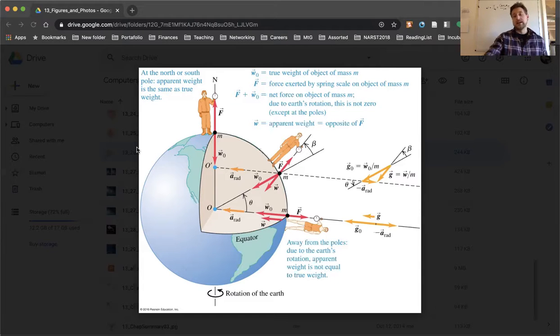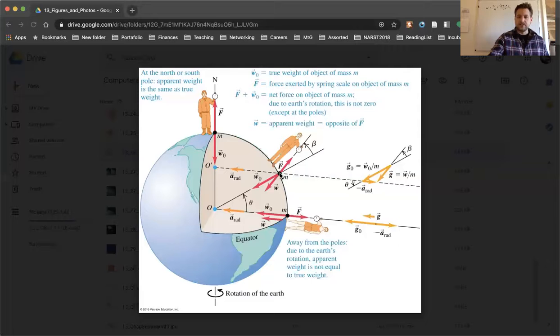But for an object hung from a scale at any other point between the two poles, any latitude between 0 and 90, there's going to be some circular motion associated with the fact that the Earth is rotating.